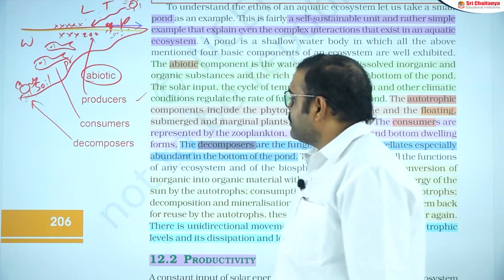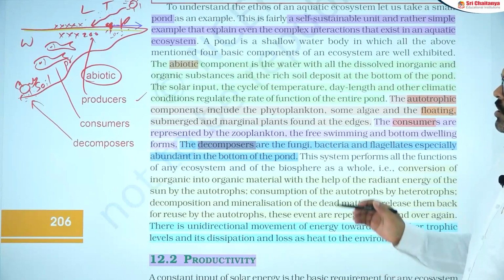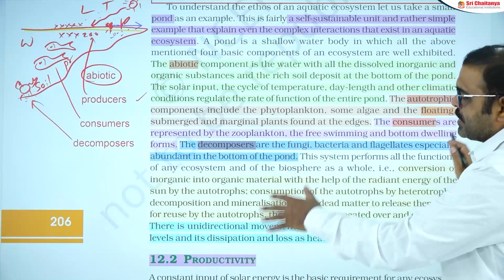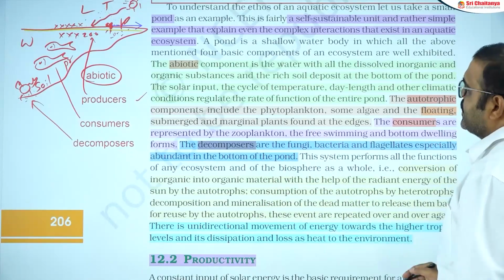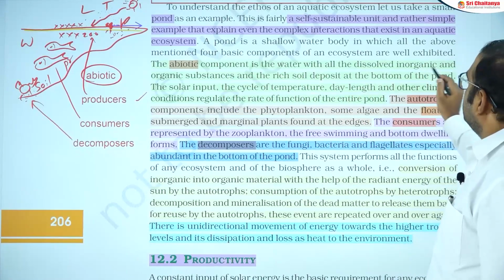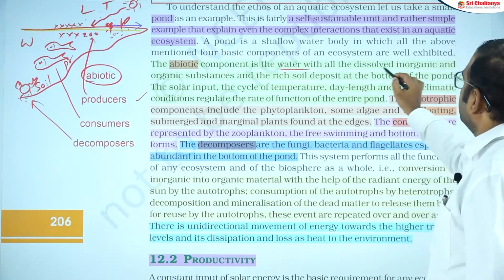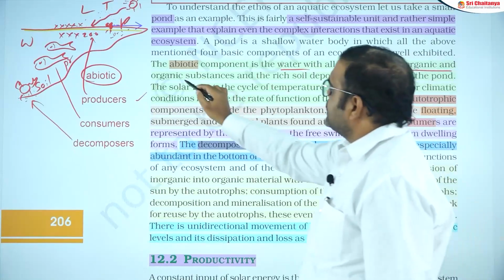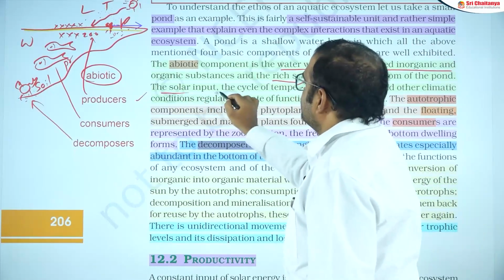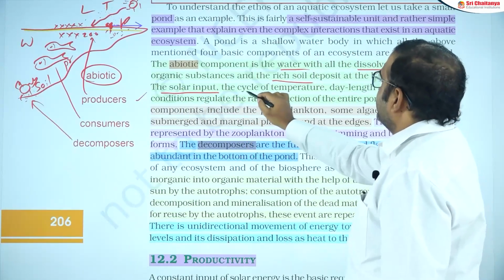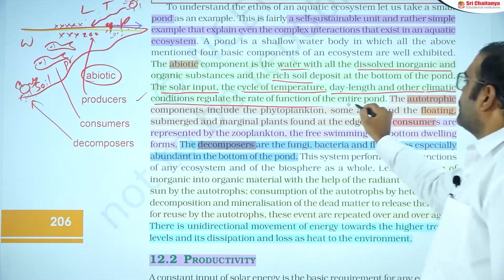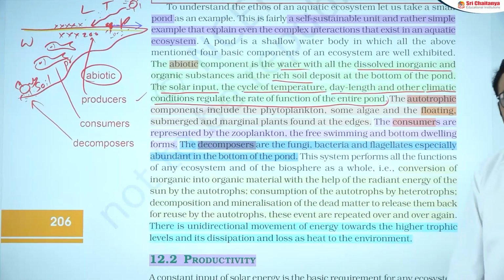These are all producers, consumers and decomposers. That's why you need to understand all the system requirements of one ecosystem; these levels are present within one lake ecosystem. The abiotic components are water, dissolved inorganic components and rich soil deposits at the bottom of the pond, plus soil, solar input and temperature maintenance; day length, light and other climatic conditions regulate the system, and these are known as abiotic components.